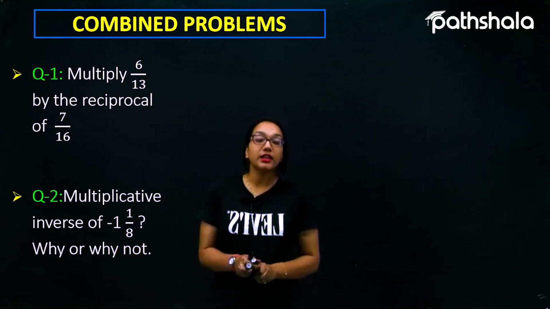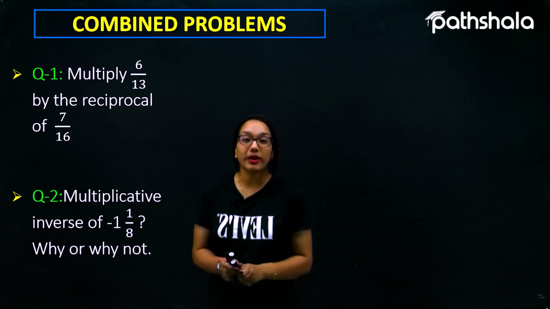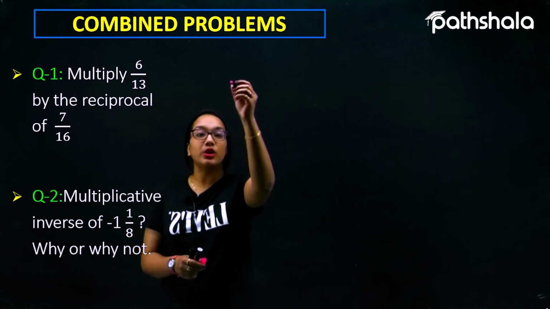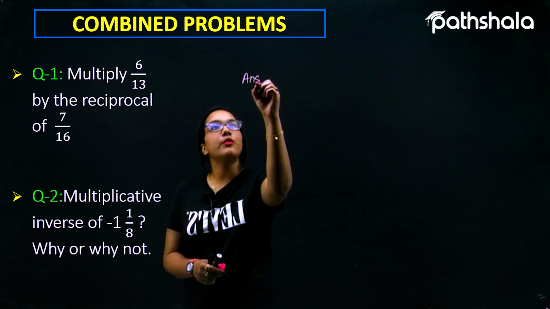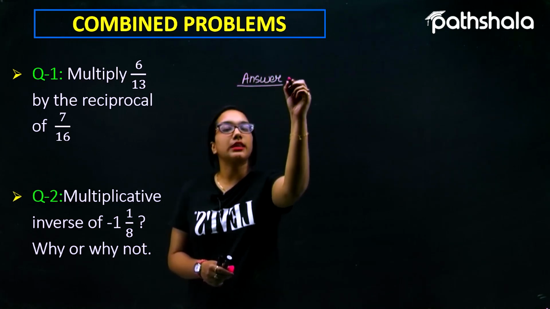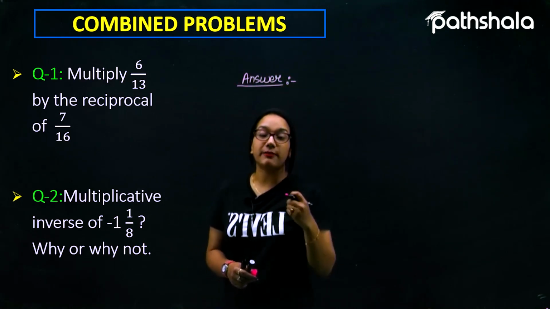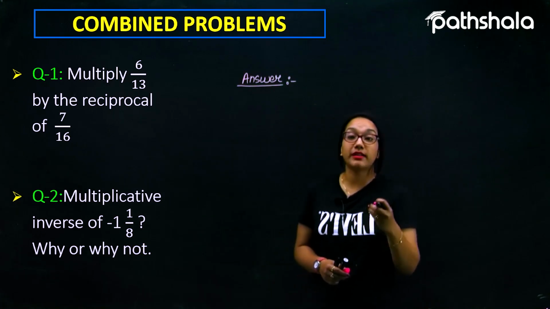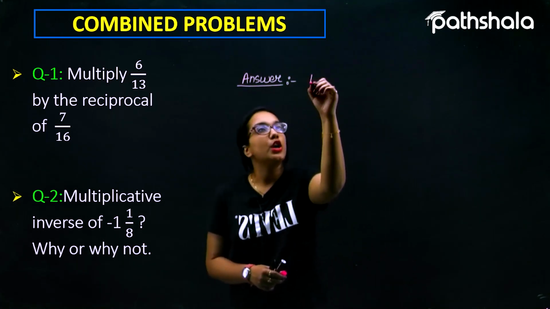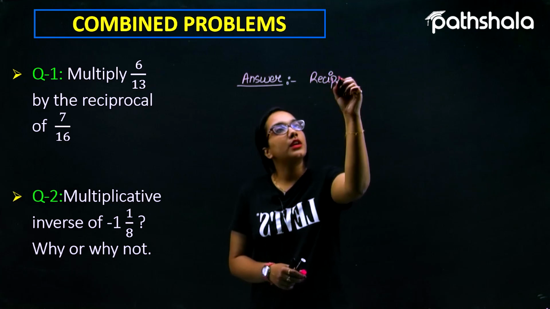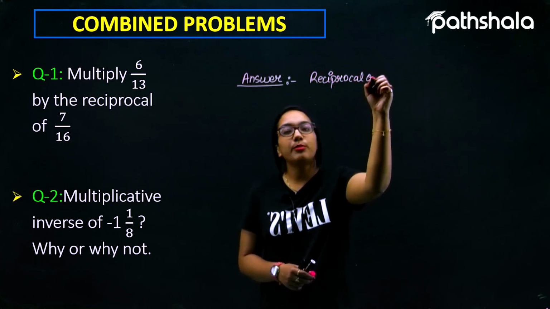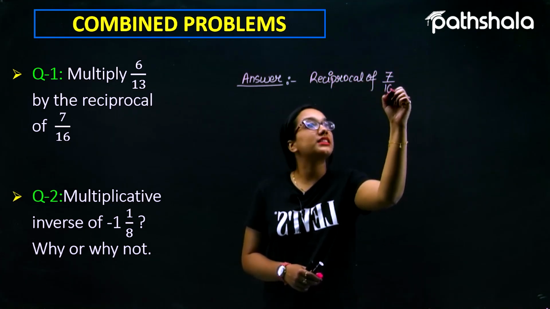We will start the solution of this question. The number given to us is 6 by 13. We have to multiply 6 by 13 by the reciprocal of 7 by 16. First, we will find the reciprocal of 7 by 16.